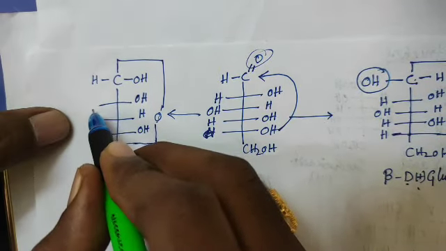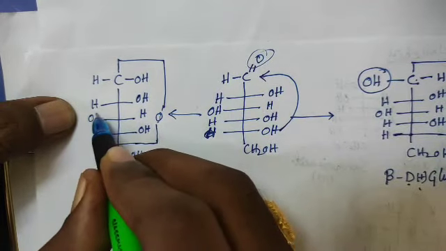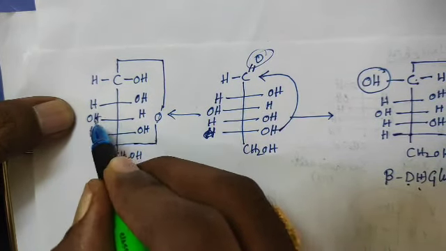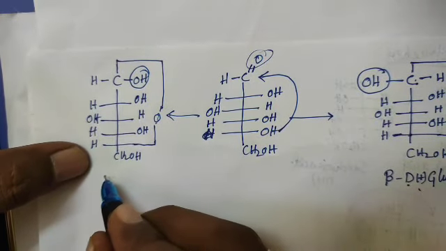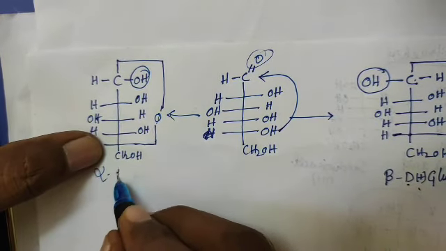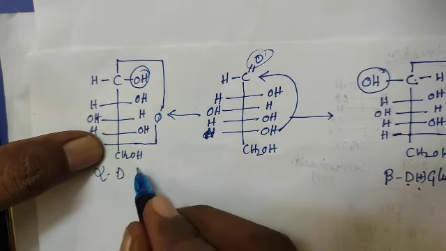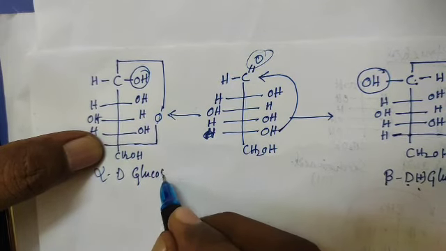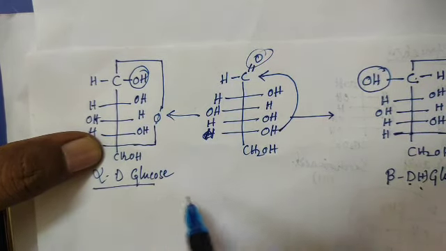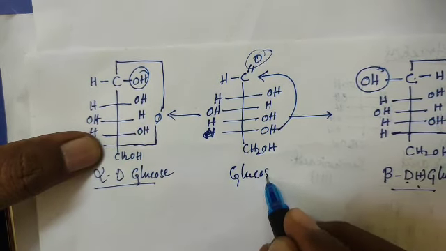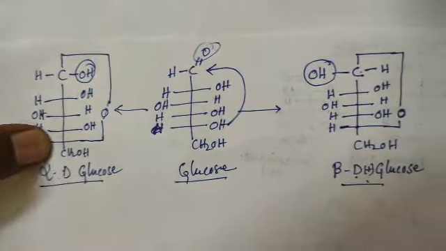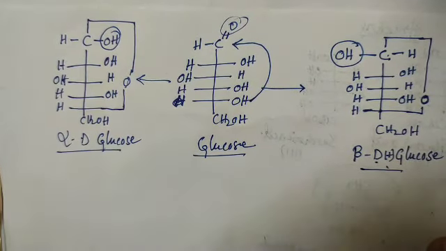Then HOH H. Now this OH is on the right hand side. This is alpha D dextrorotatory glucose. Alpha D glucose and beta D glucose. So now you understood alpha and beta D glucoses.